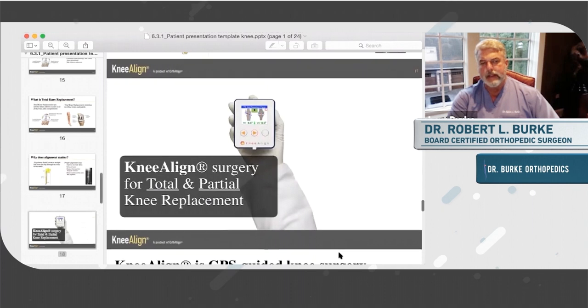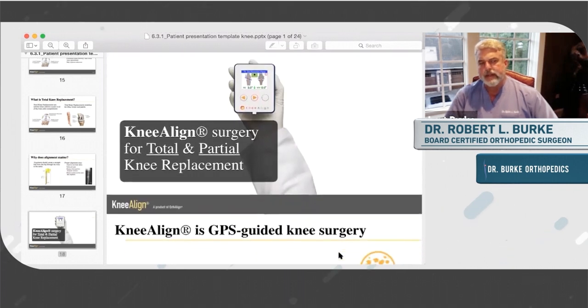And the Neoline system is an exceedingly valuable asset in order for surgeons to be able to reproduce the appropriate alignment of the bone cuts in the implant at the time of surgery.